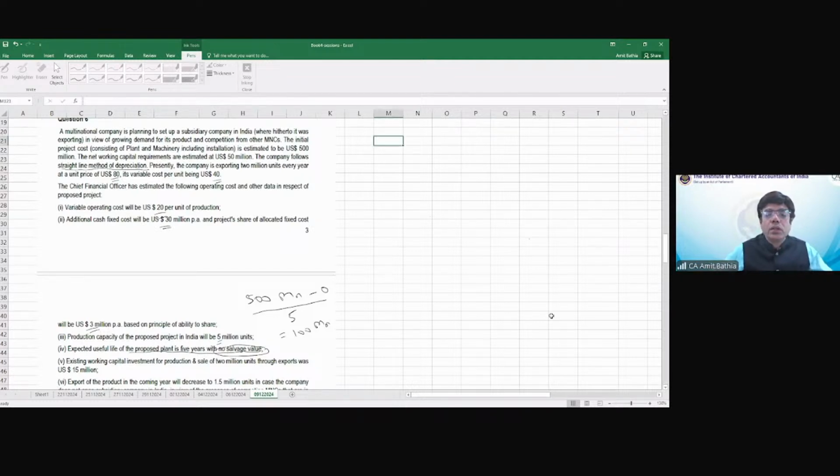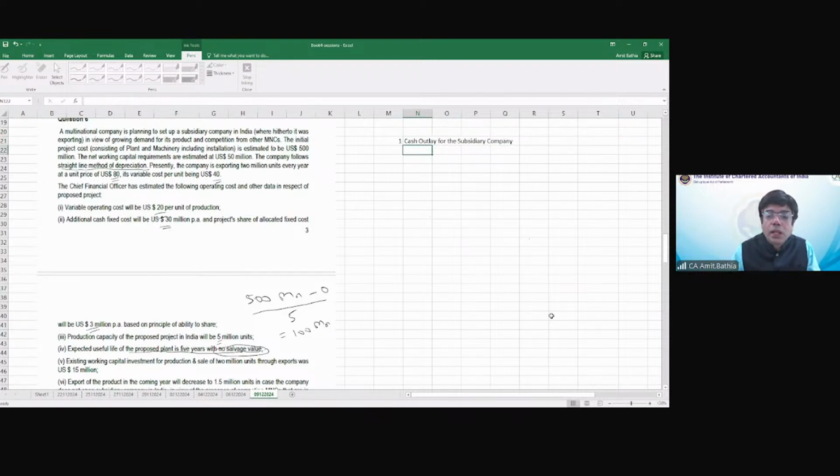So first I am going to start with the cash outlay for the subsidiary company.